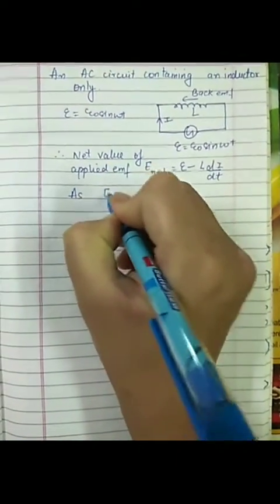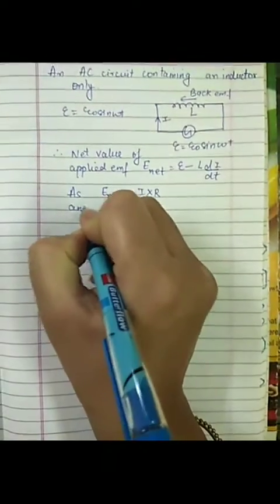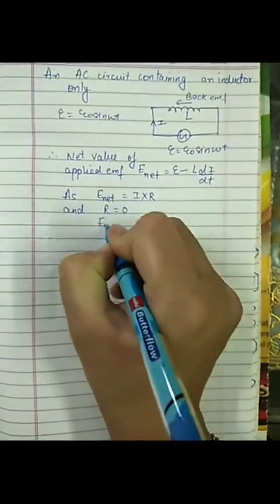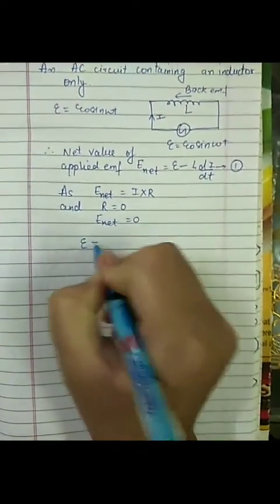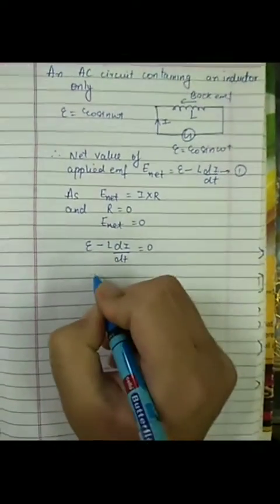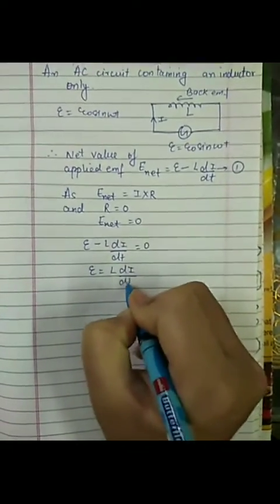As we know that E net equals I into R, and as there is no resistance in the circuit, E net will be equal to 0. So equation 1 will become epsilon minus L di upon dt equals 0, or epsilon equals L di upon dt.